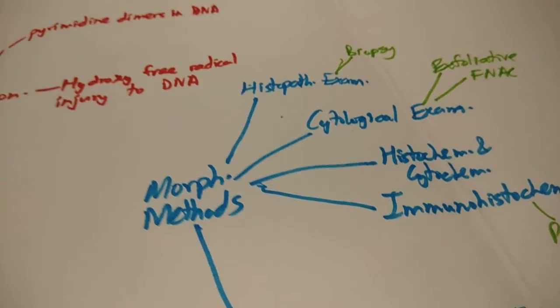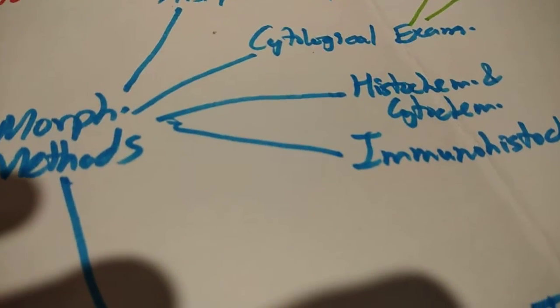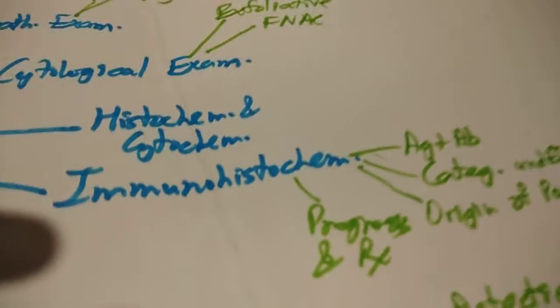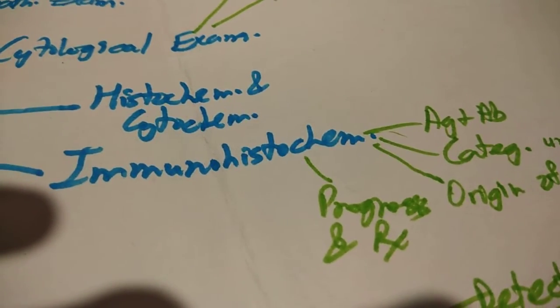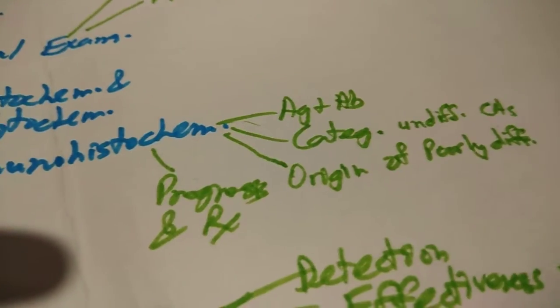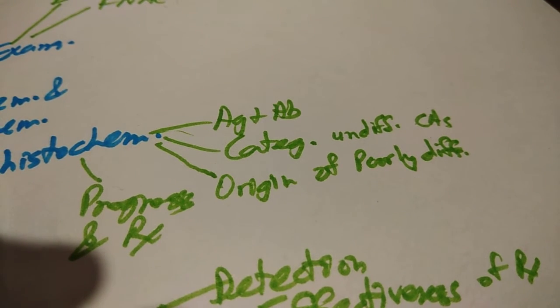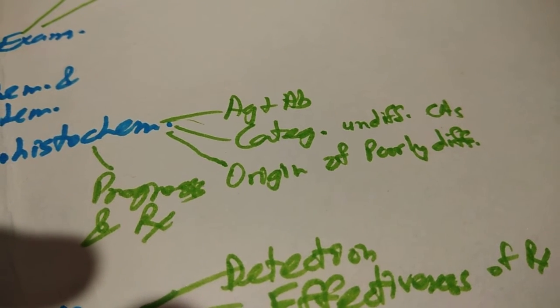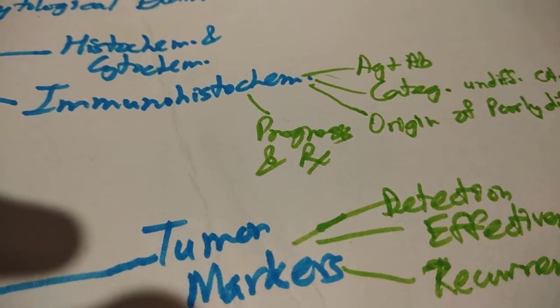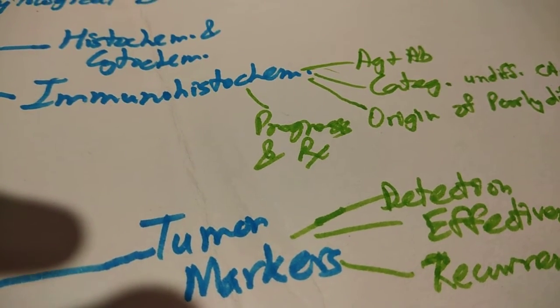So the properties of these cells can be used for detecting what kind of neoplasm it is. And then you have immunohistochemical stains, right? Or immunohistochemical reactions, such as the antigen-antibody reactions, which categorize undifferentiated carcinomas, or the origin of poorly differentiated cancers, right? And this in general can determine the prognosis and treatment, right?